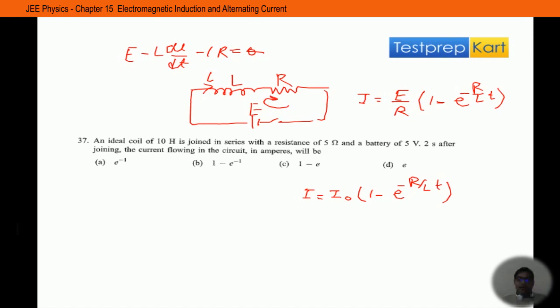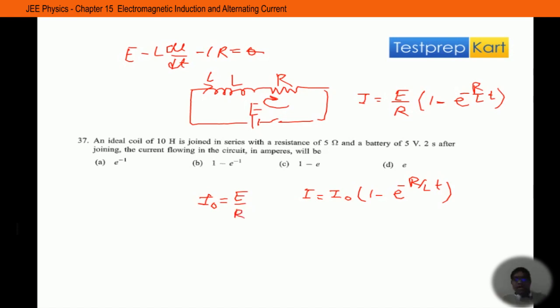I naught means when the switch is just closed. So when the switch is just closed, this inductor does not start charging at that very moment. So this circuit will act as a purely resistive circuit. So I naught is equal to E upon R at the very moment when the switch is closed.